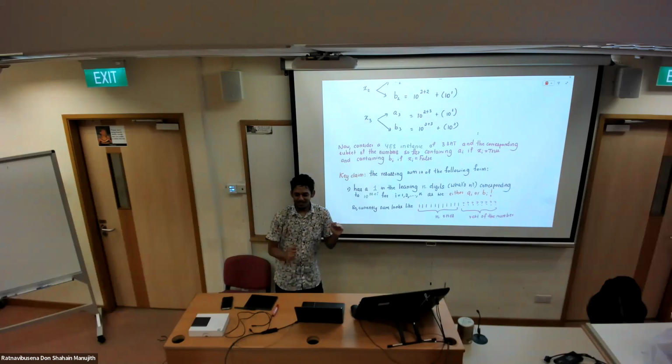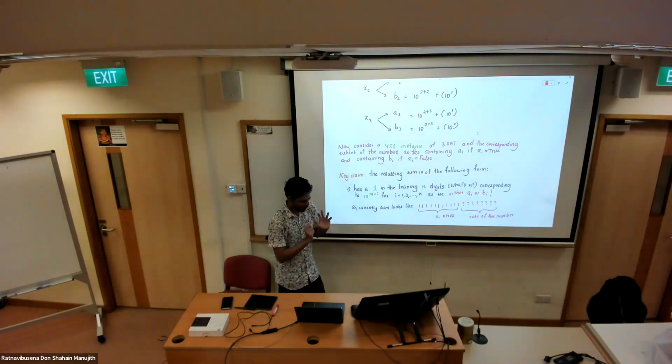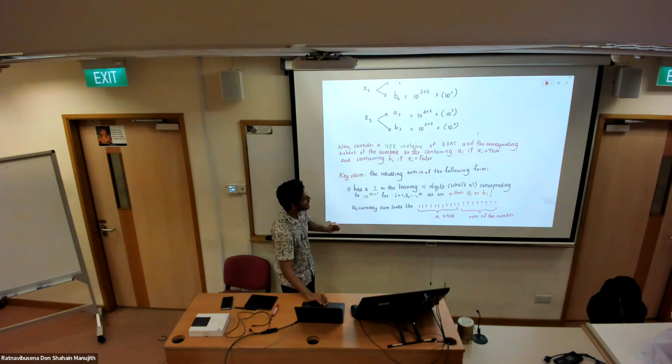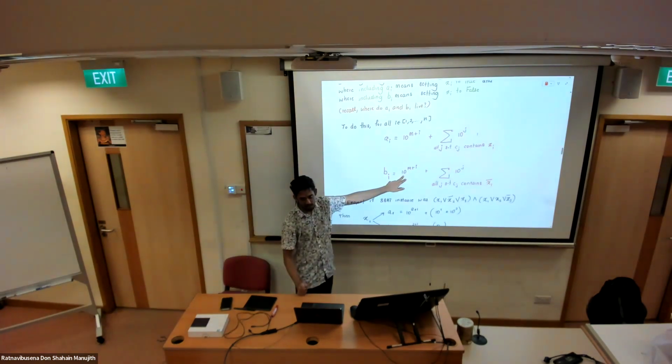I know it's hard to understand, but do you understand that for each single variable xi, you add either ai or bi, and ai or bi has a 1 in that position because of this 10 to the m plus i?